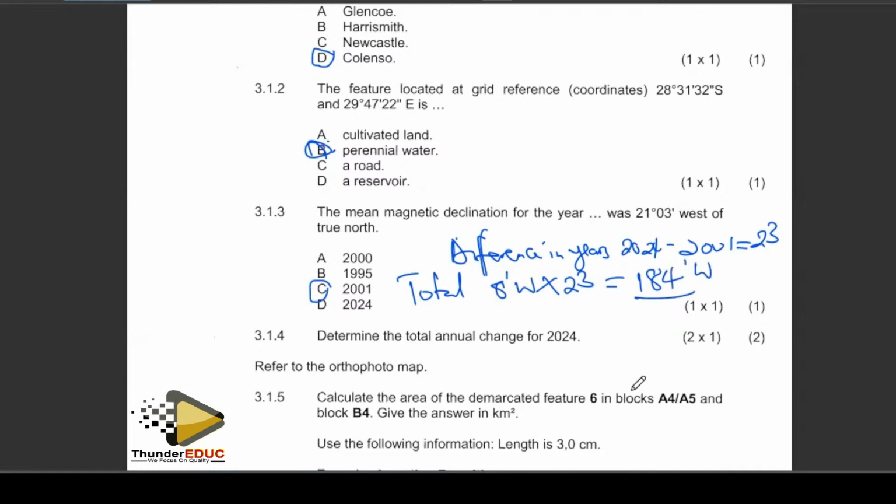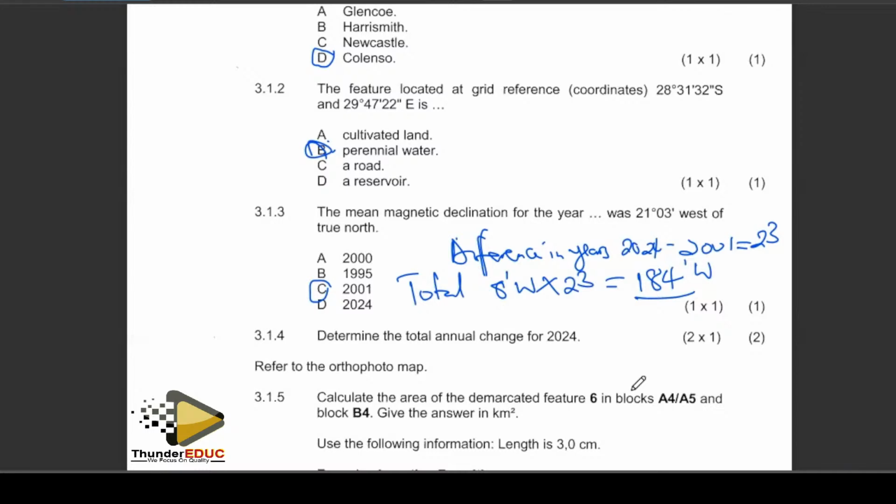And 184, this is now a composite figure, which has got degrees and minutes. We have to deduce the number of degrees from there to get the degrees and the remaining minutes. If we divide this by 60, the multiple of 60 here is 180. 6 times 3, 180, and we remain with 4 from 184.